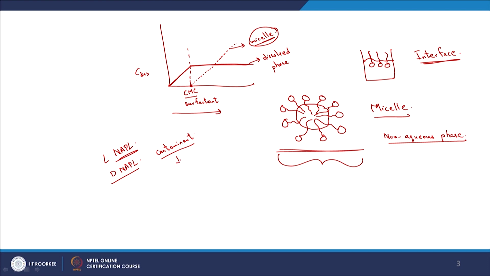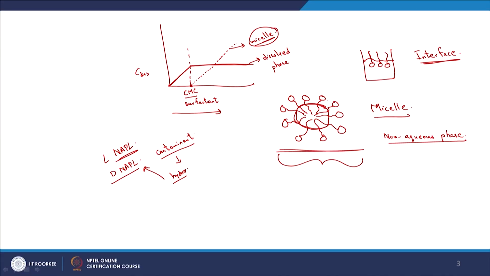So, these contaminants were hydrophobic, and such we typically call non-aqueous phase liquids. In the same case here, you have a non-aqueous phase within the micelle, and that is because of the orientation of these surfactants. Here you see that all the hydrophobic tails are bunched together, and you have the hydrophilic heads oriented outwards. So, now you have a non-aqueous phase.